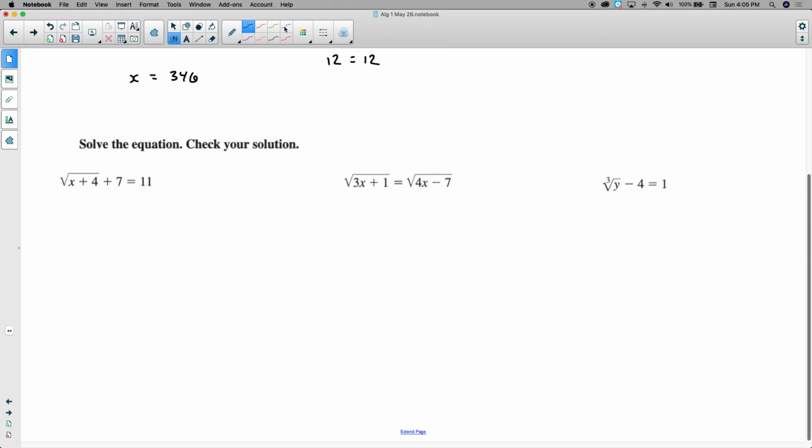And let's see, on this one, I'm going to isolate the square root of x plus 4 by subtracting 7. And that's 4. All right, time to square each side. Okay, so go back to blue here, and we've got x plus 4 is 16. And subtract to get 12.